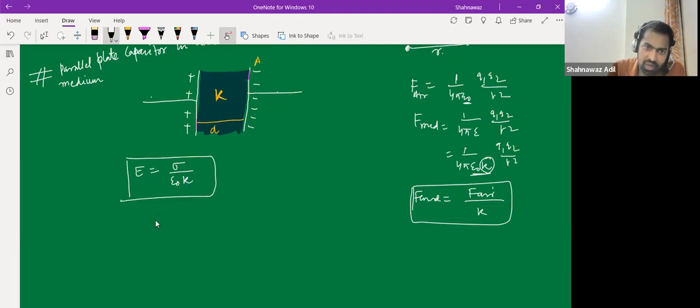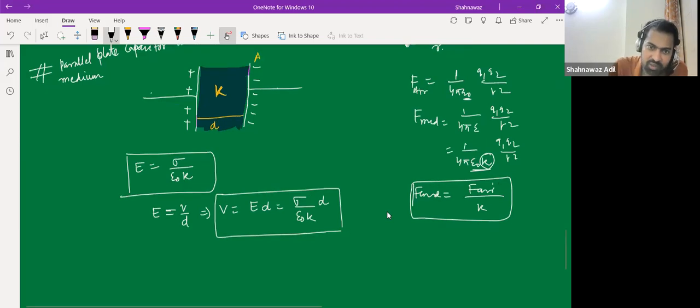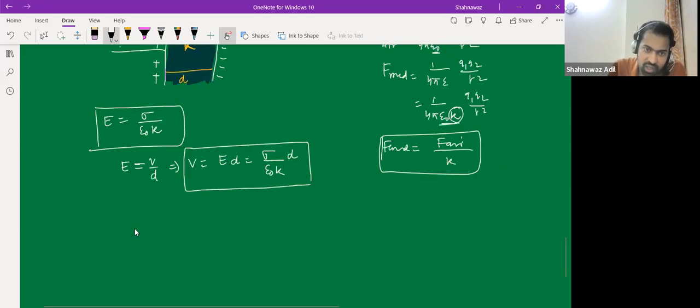Now, this electric field is related to the potential: E is V by D, and V is ED, which means this is sigma by epsilon naught K into D. So this is the potential. What is the capacitance?